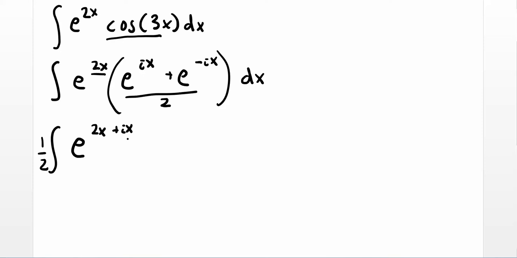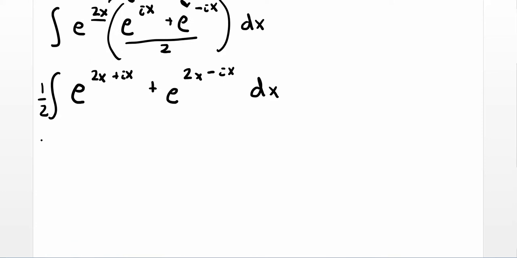So e to the 2x plus ix for this one. Then when we distribute again, we'll get plus e to the 2x minus ix. Just adding exponents, dx.